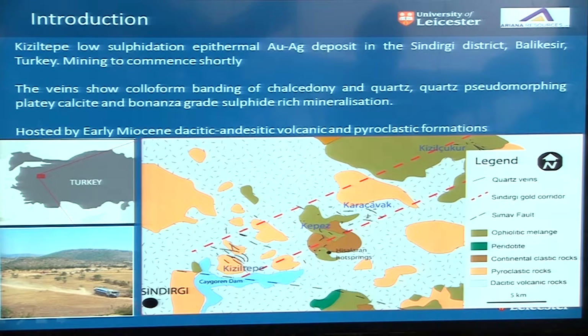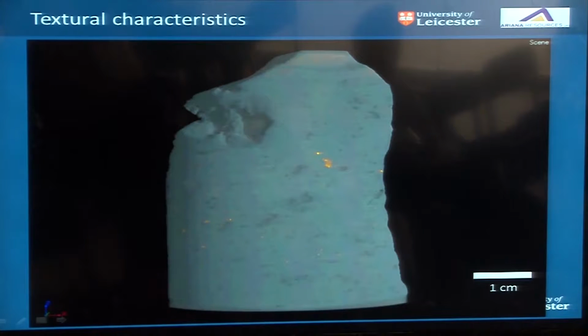So we had a project where we were trying to increase our understanding of the paragenesis of the deposit. And we identified 4 different textural types. This is the first one.